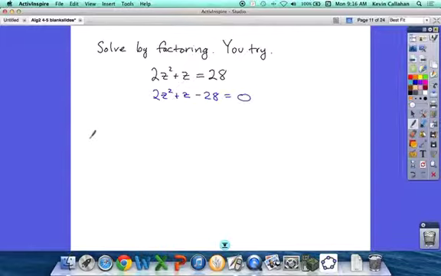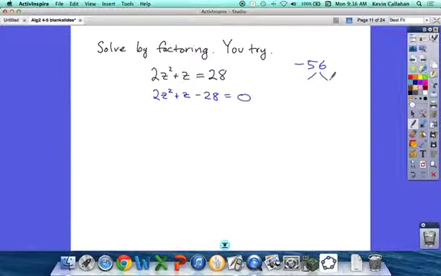Anybody? All right, 2 times negative 28, you should have been trying to find factors of negative 56, which means one's positive and one's negative, right?